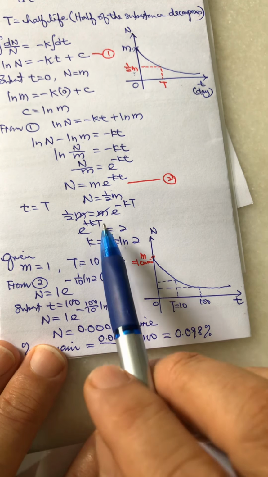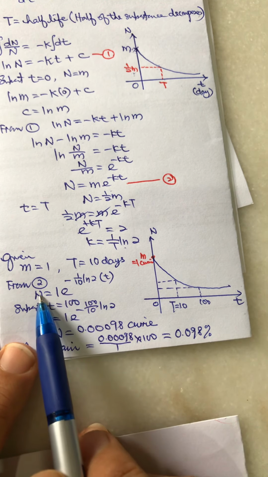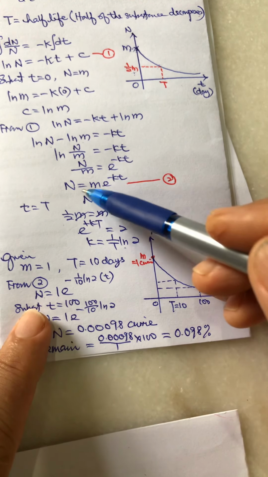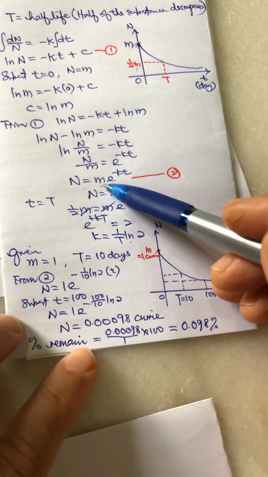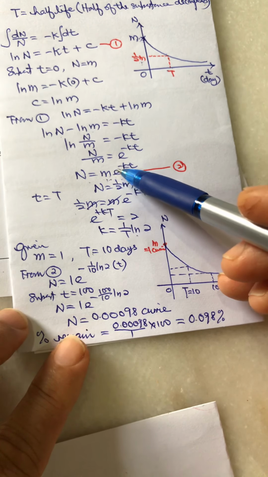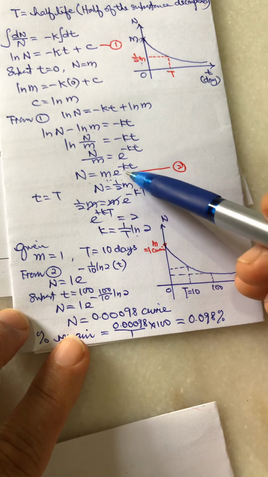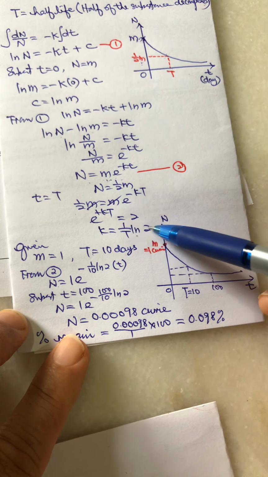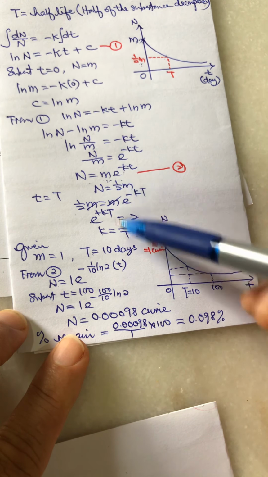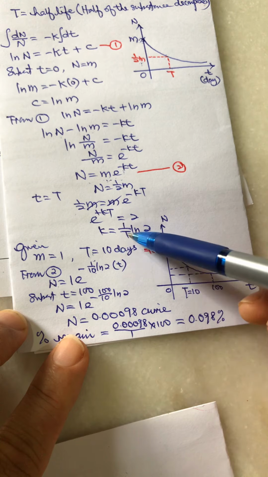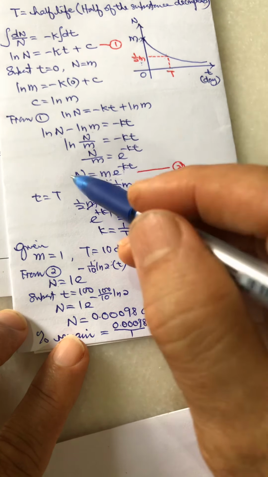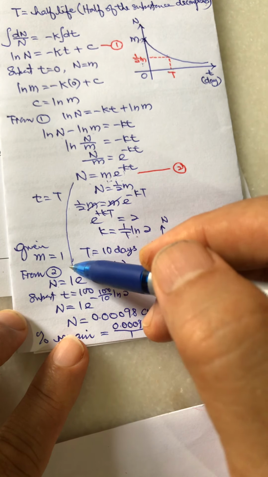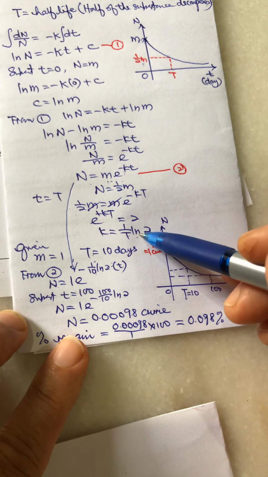So we substitute into our equation just now. We have n equal to m, and m is 1, so 1 times exponential negative k t. And k is 1 over T ln 2, so we substitute 1 over 10 ln 2 and then t, because T is 10.